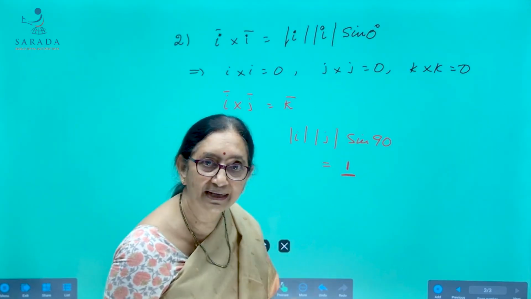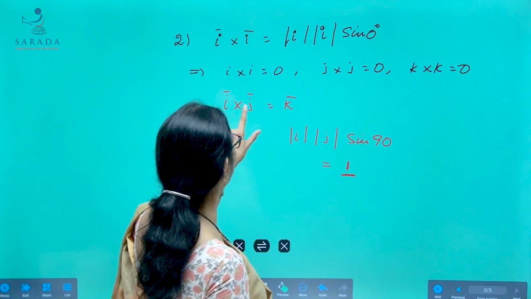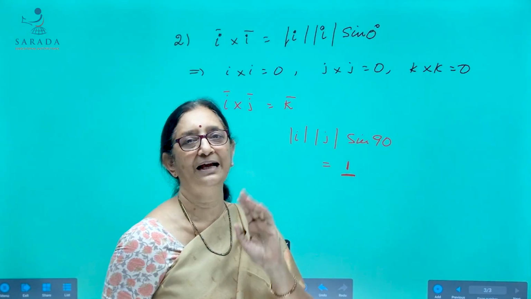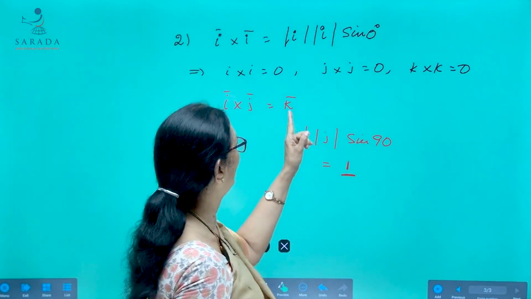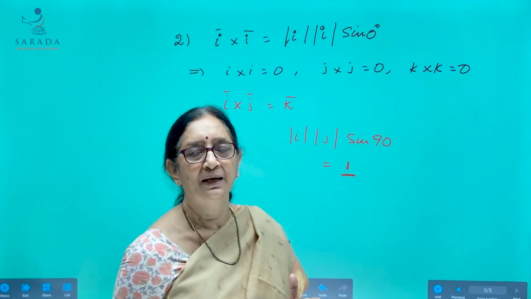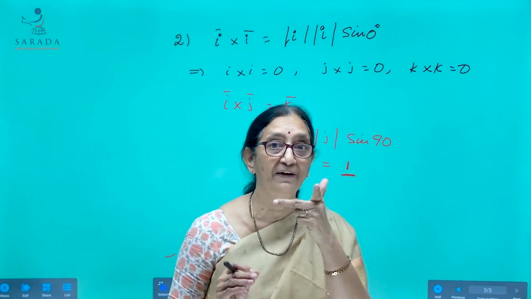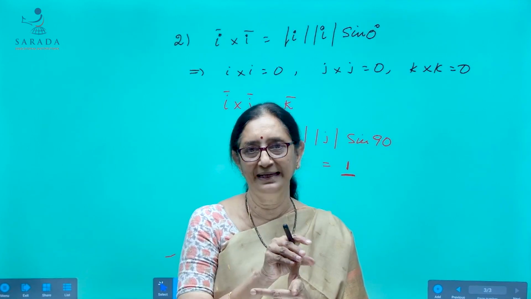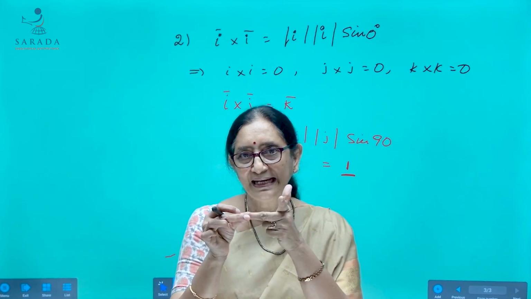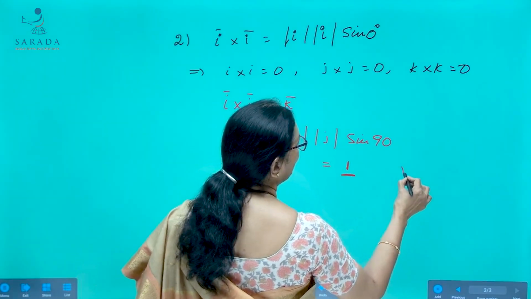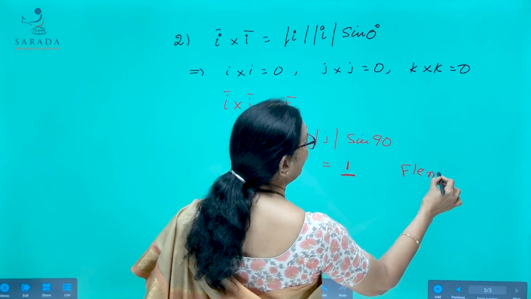But its direction is perpendicular to the plane containing I bar and J bar. That is nothing but it is along Z axis. So, it is K bar. And here actually we'll be using Fleming's left hand rule for this.